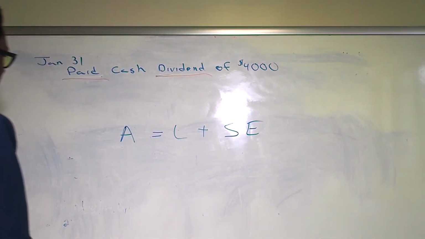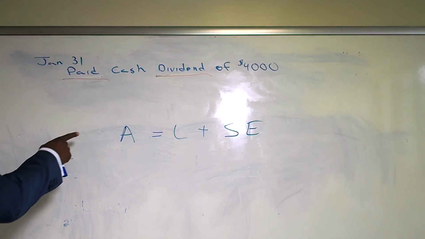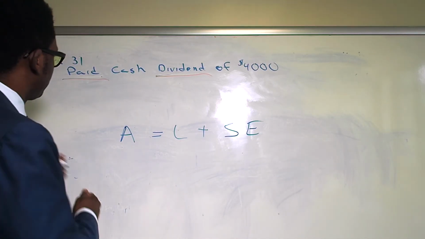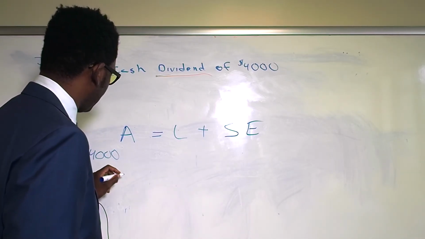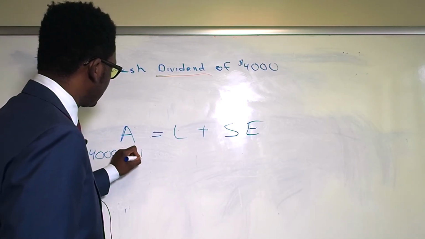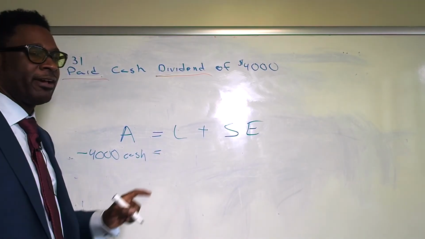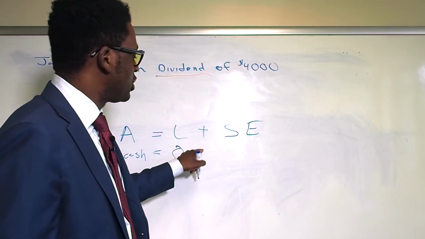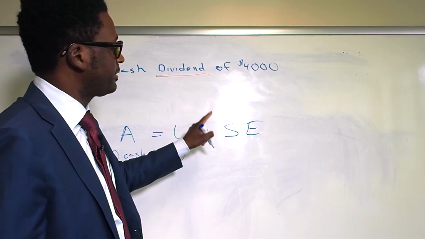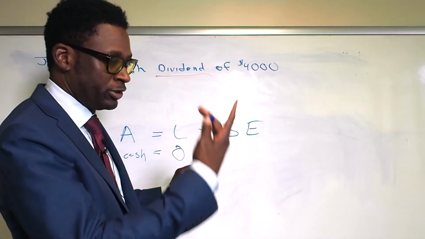So, based on this transaction, our assets have decreased by $4,000 because of the keyword paid. Under which account? Cash. Did we have any liabilities, anything that we owe? No. But we know now that dividends affects retained earnings, which decreases it.